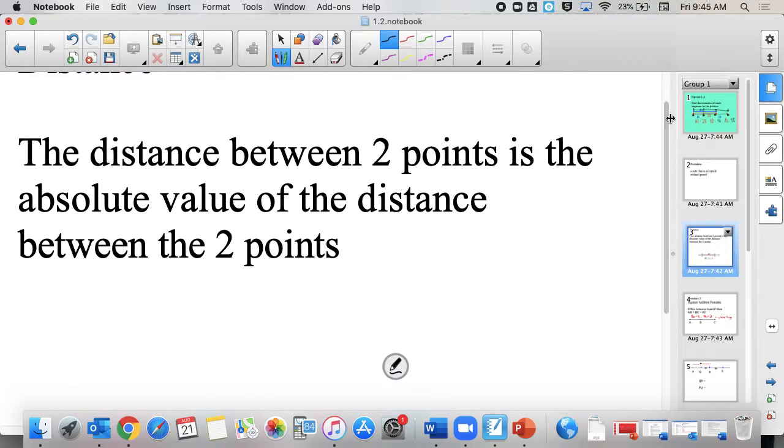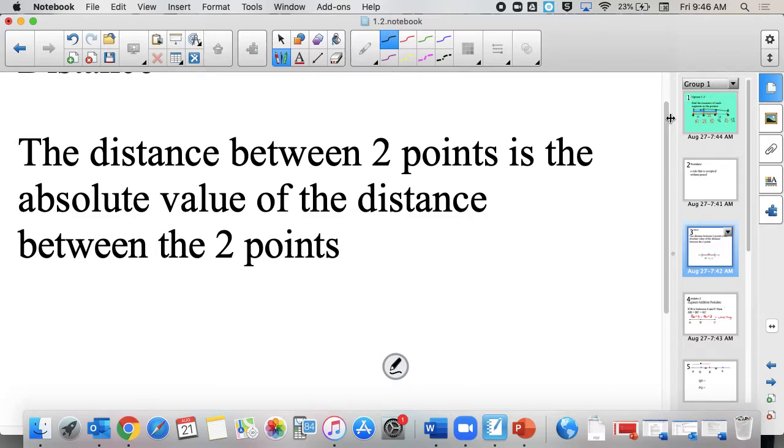What your distance postulate says is that the distance between 2 points is the absolute value of the distance between those 2 points. Essentially, if you measure the distance from yourself to a door or to the wall, and then you measure the distance from the wall to yourself, that distance is not going to change.